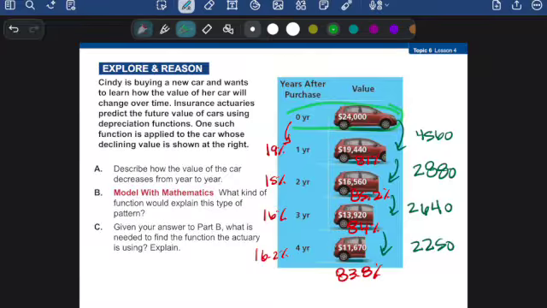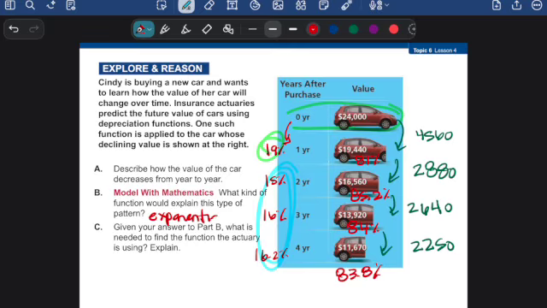So we can see after the first year was a big drop, but then we start hovering right around losing 15 to 16% every year. So it's close to a common factor. So we could say this could be an exponential function. It's losing the same amount over and over again. We're multiplying by the same factor over and over again.